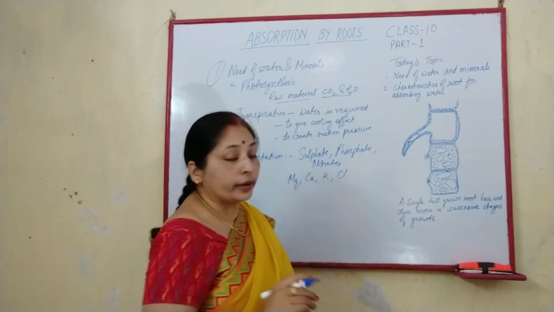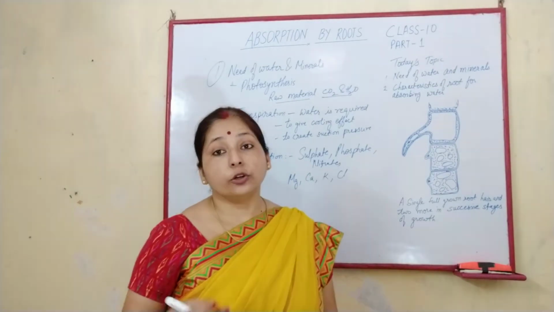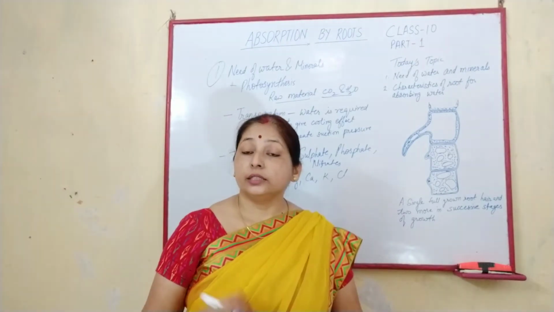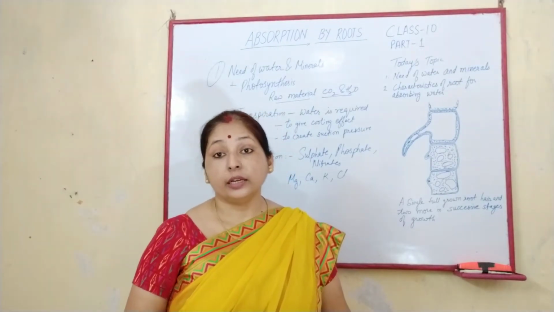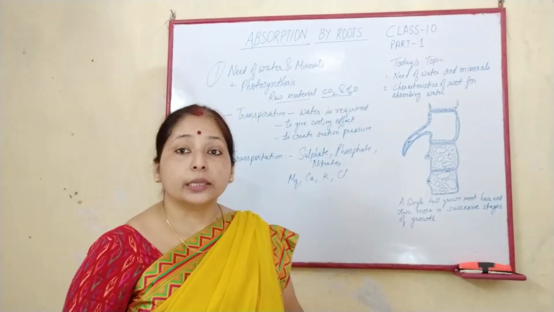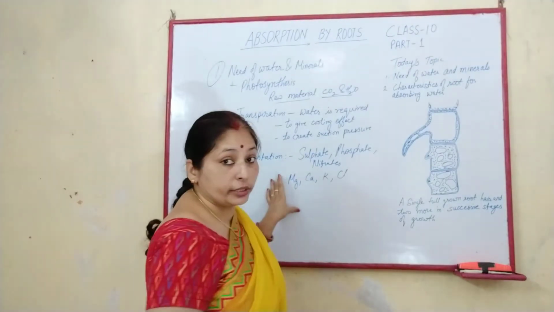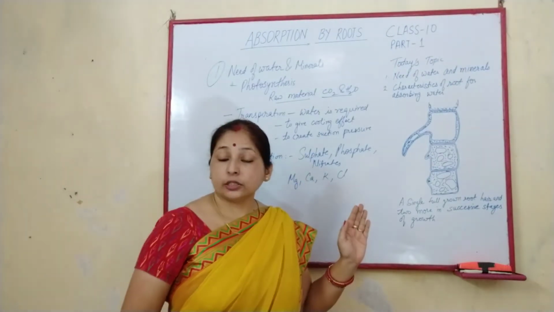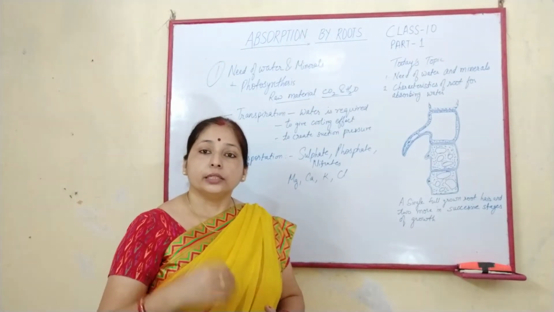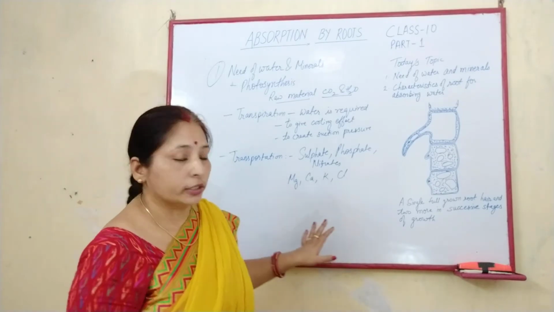These are also required by the plant as a constituent of the cell or the cell organelles, and these elements and components are required for the synthesis of various substances in the plant. So they are the major constituent of some of the chemical substances, as well as constituents of the cell or cell organelles.